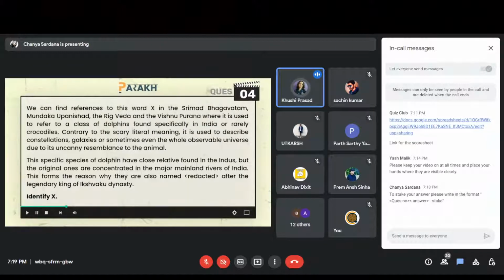This specific species of dolphin have close relative found in the Indus, but the original ones are concentrated in the major mainland rivers of India. This forms the reason why they are also named Dash after the legendary king of Ikshvaku dynasty. Identify X.